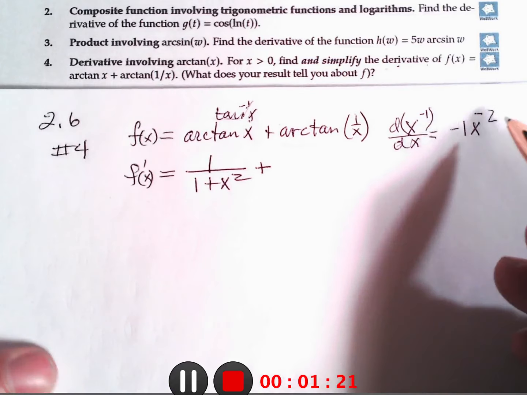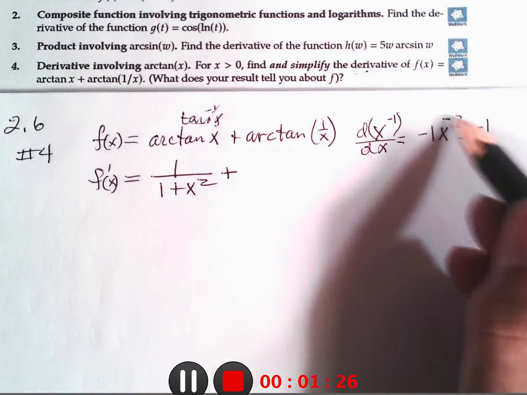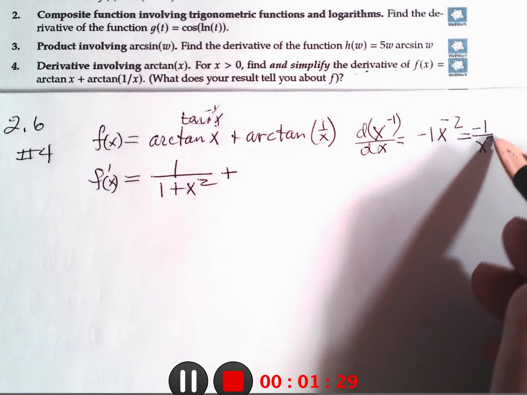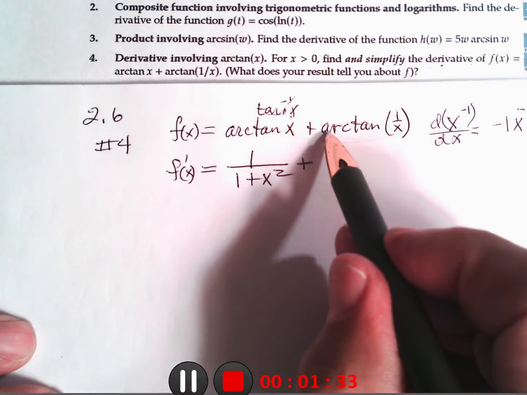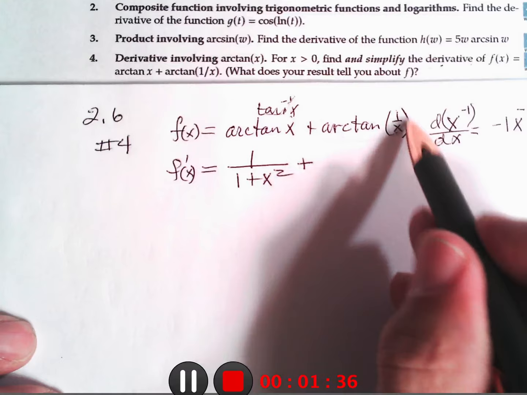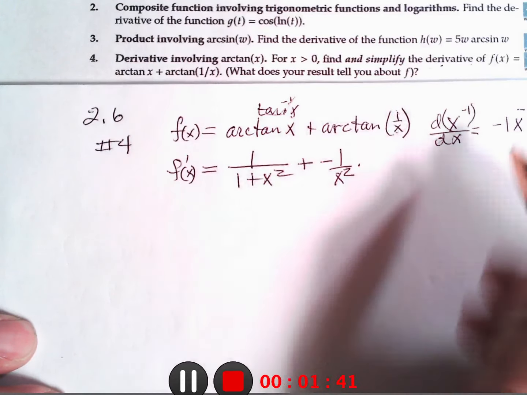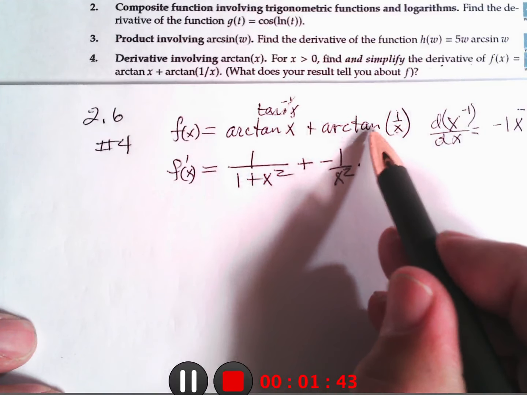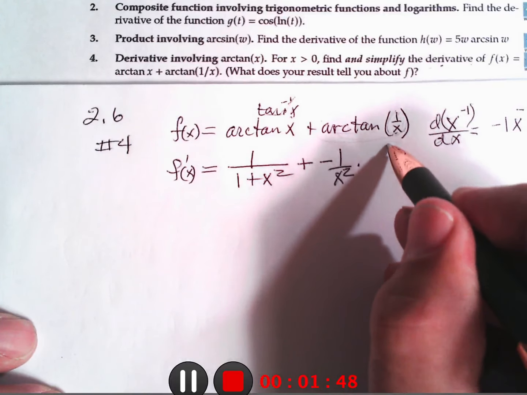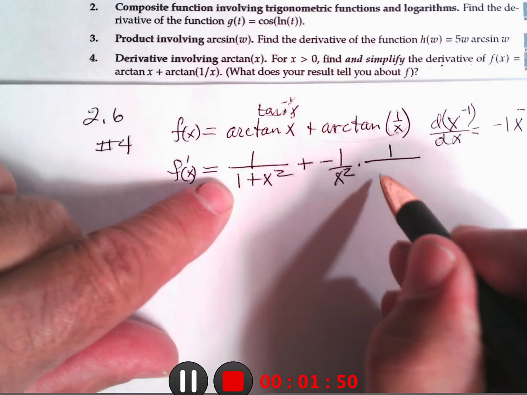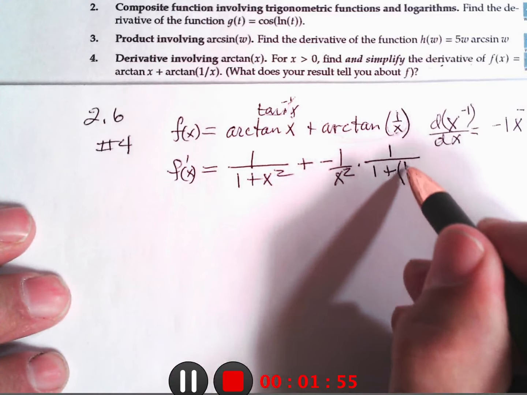And x to the minus 2, so we got minus 1, and the minus would put it in the bottom, is 1 over x squared. So the derivative of the arctangent of 1 over x is going to be the derivative of the inside, minus 1 over x squared, times the derivative of arctangent of this something. And the derivative of the arctangent is 1 over 1 plus whatever's on the inside, squared.